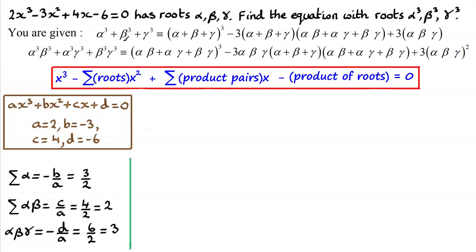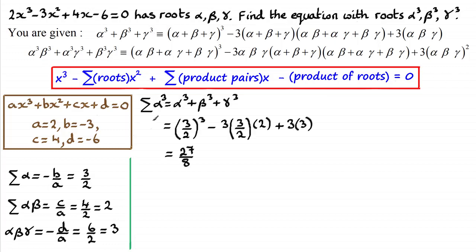So we're going to start with the form of the cubic equation. We know it's x cubed minus the sum of the new roots, so that's alpha cubed plus beta cubed plus gamma cubed, sigma alpha cubed in shorthand. Using this identity up here, substituting our values, starting with alpha plus beta plus gamma, that's 3 over 2, and we cube that result.